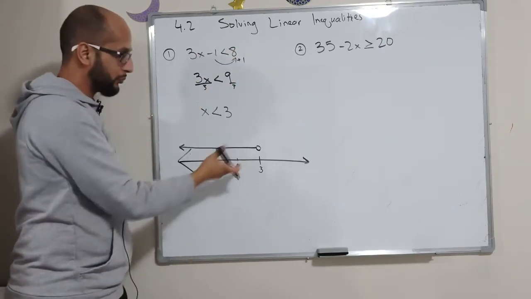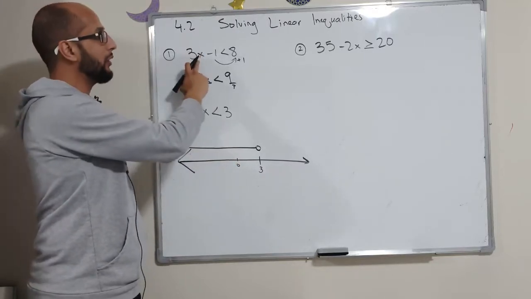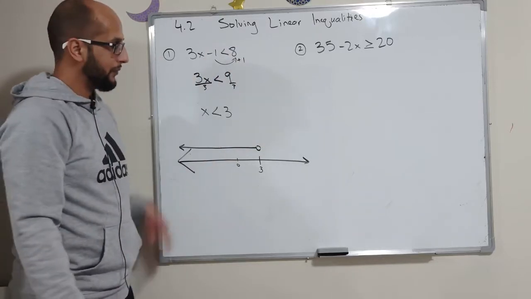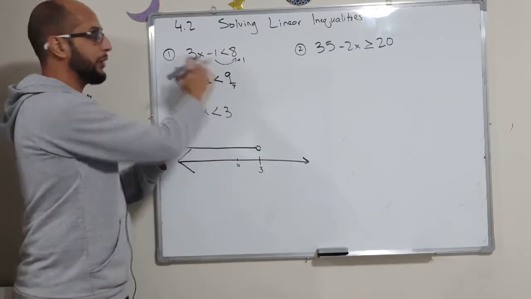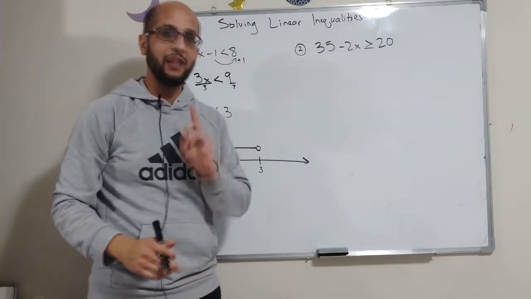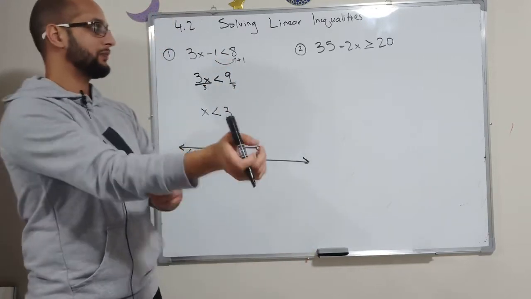For example, if I plugged in negative 4, negative 4 times 3 would be negative 12. Subtract 1 would be negative 13, which is definitely less than 8. This is what I mean by your solution to an inequality will be another inequality. You should not end up with one specific answer if what you're starting with is an inequality.